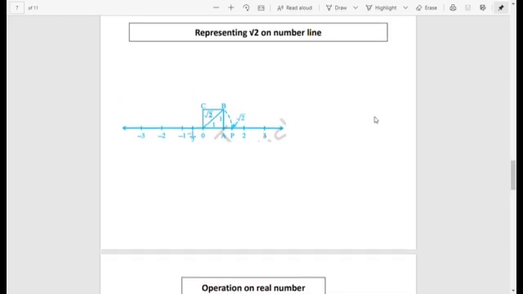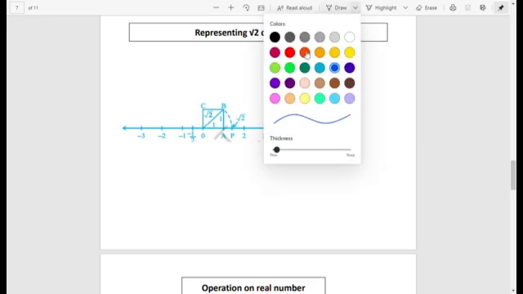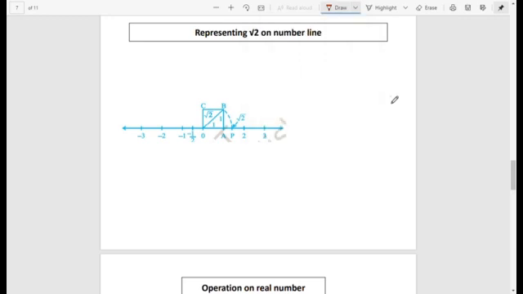Representing root 2 on number line. Let us take one right angle triangle here.